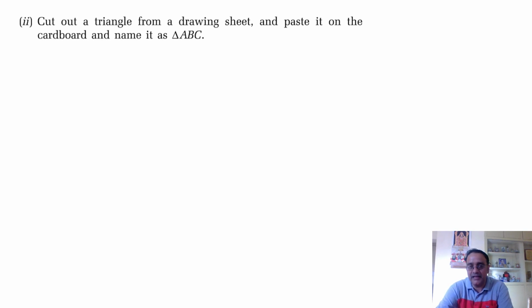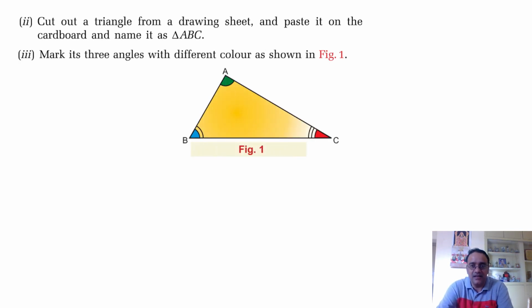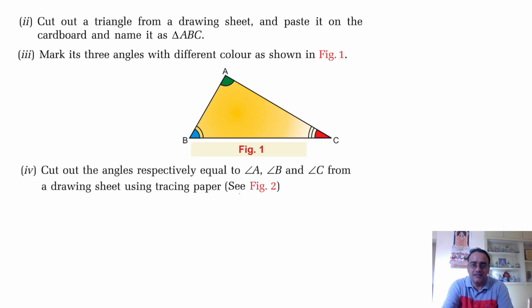After that, we will mark its interior angles as angle A, B, C with 3 different colors. Green color for A, blue color for B and red color for angle C. After that, we will cut the 3 angles from this drawing sheet using tracing paper.